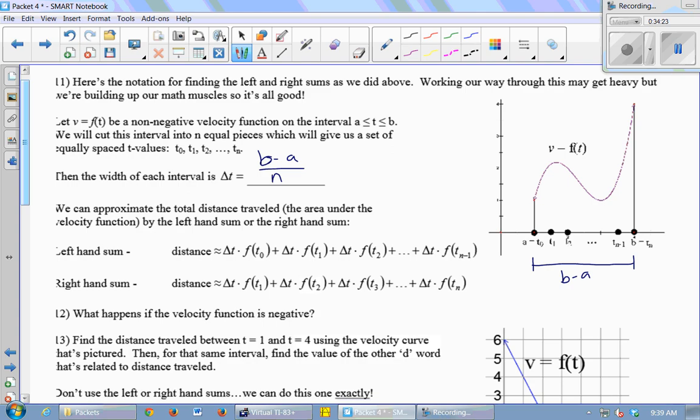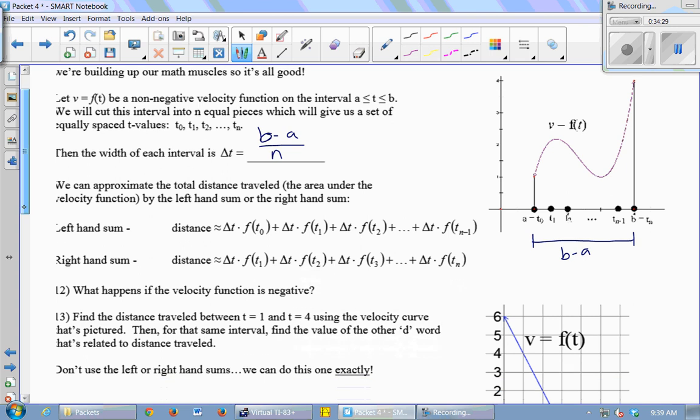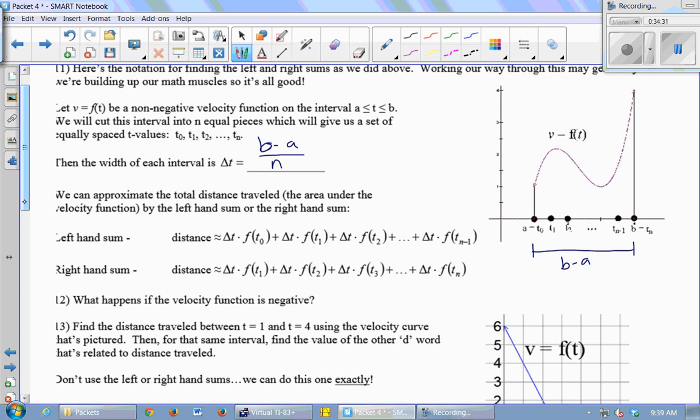All right, so then we can approximate total distance traveled, which is the area under this velocity curve. We could use a left-hand sum or a right-hand sum. You could also use some mix of the two, but it's much handier to just always do the same thing so you don't lose track of what you're doing.